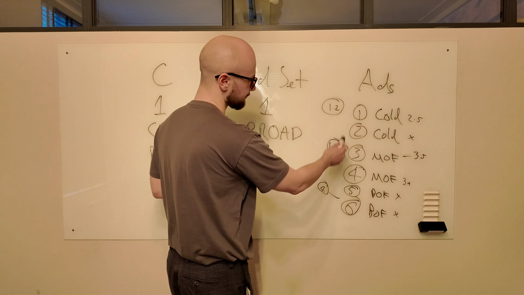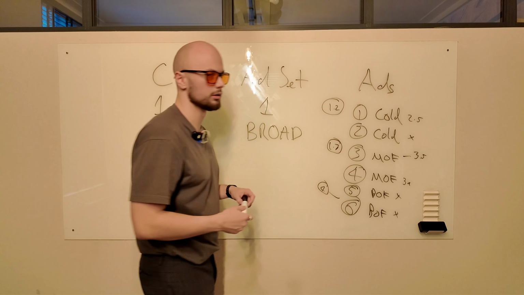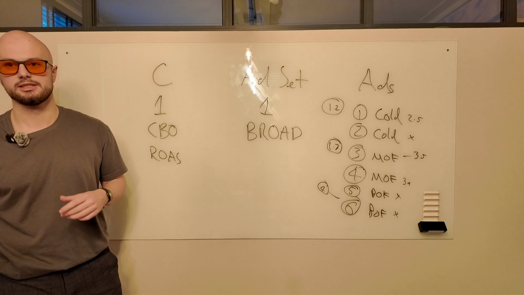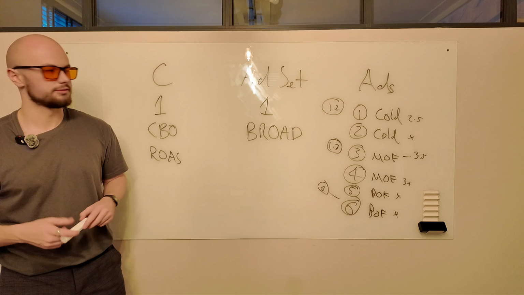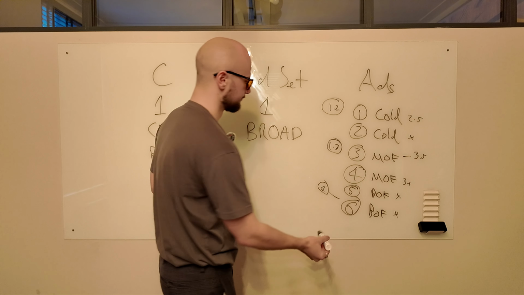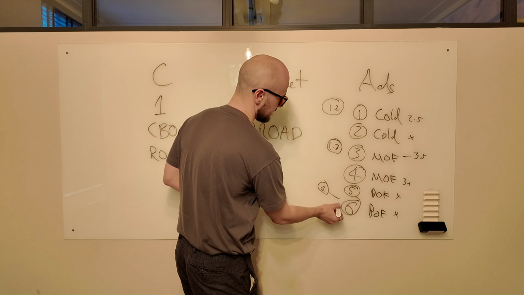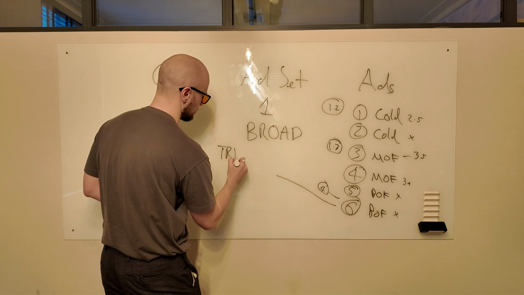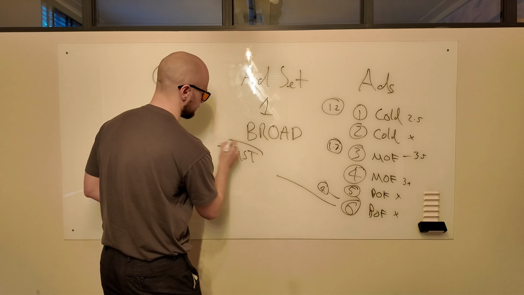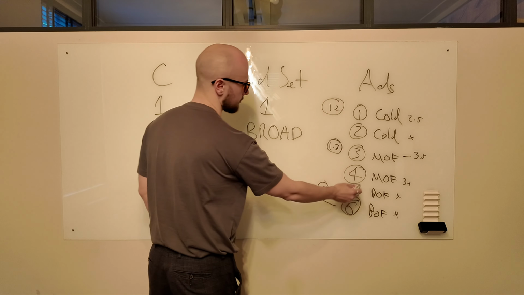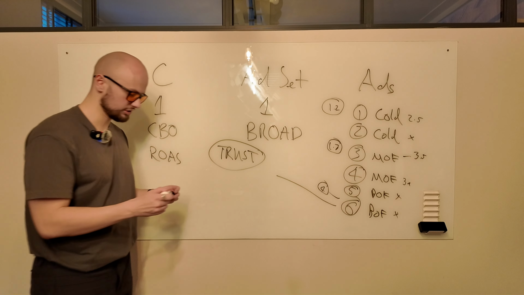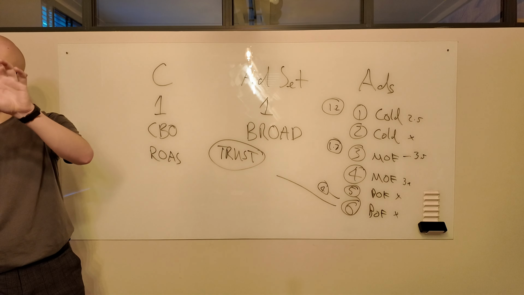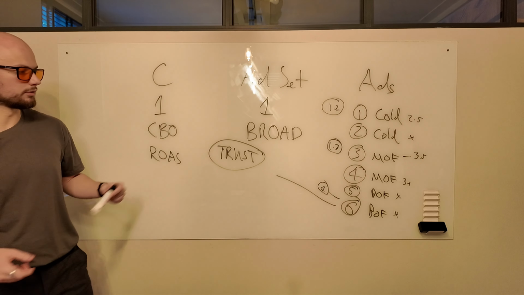Then middle of funnel, what we're looking at here is more unboxing videos, UGC videos, review-based videos, and then bottom of funnel, this is all going to be essentially just one word, which is trust. Okay, so what we want to be doing with these bottom of funnel ads is maybe adding in some images, and the primary text and the headlines will all be revolving around trust.